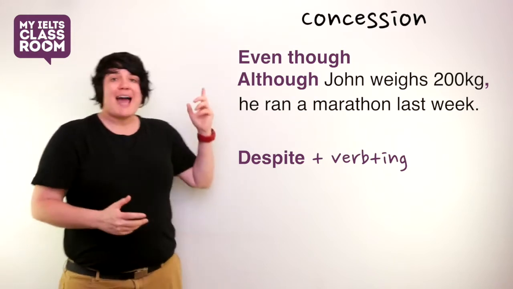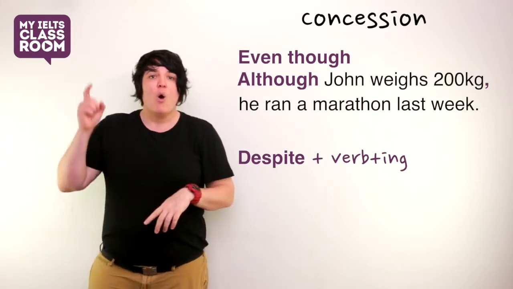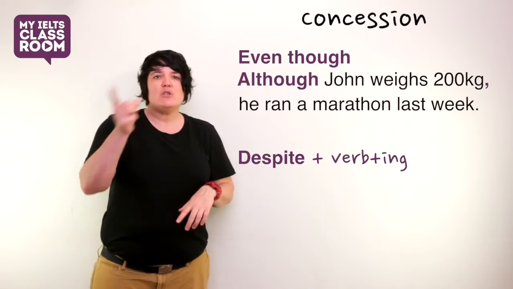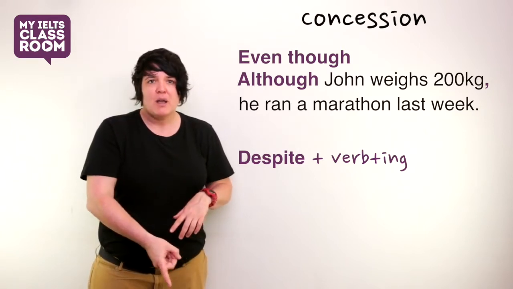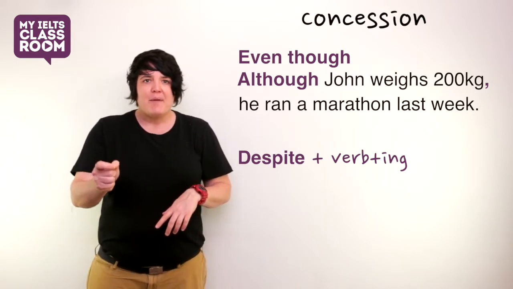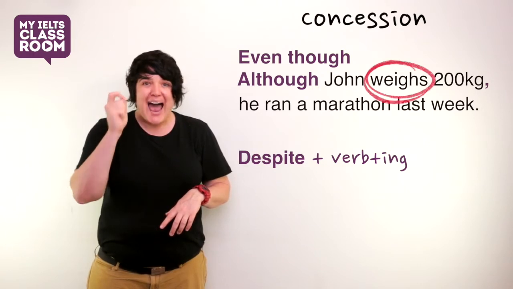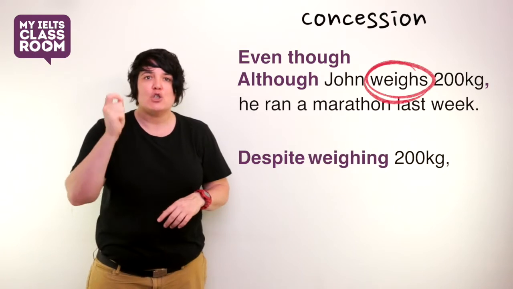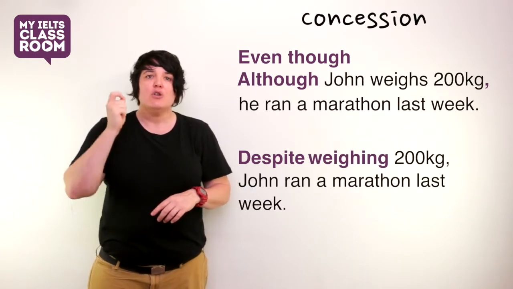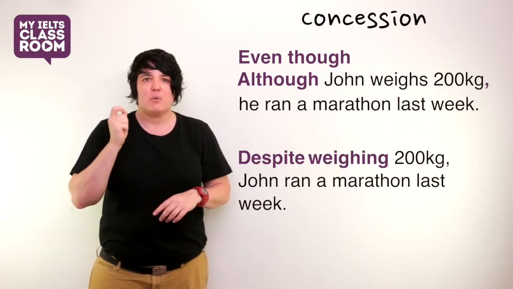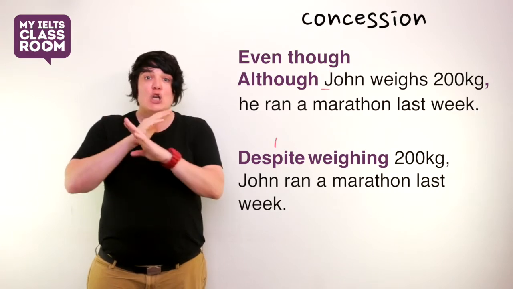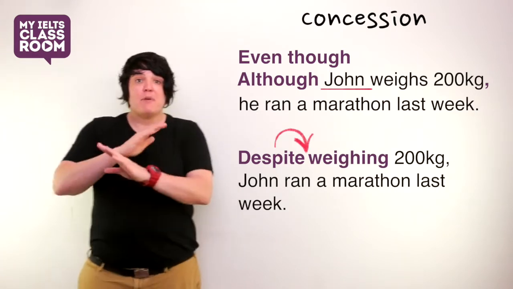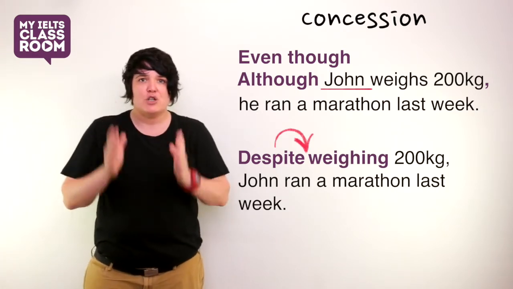So if we look at our although sentence, although John weighs 200 kilograms, what's the verb here? Weigh. So we will add an ing and say, despite weighing 200 kilograms, John ran a marathon last week. There is no subject before the verb ing.